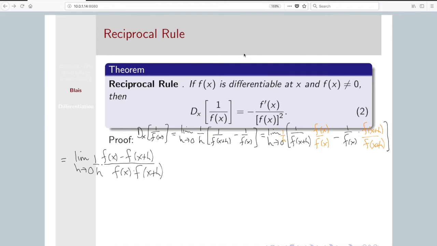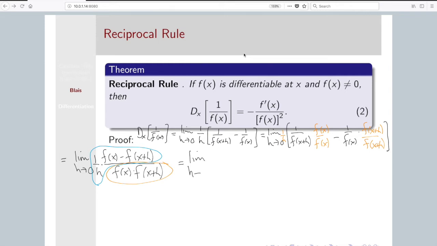We now use our limit rules, well, our product limit rule, where we isolate these terms from these terms. So what we were calling our product law.